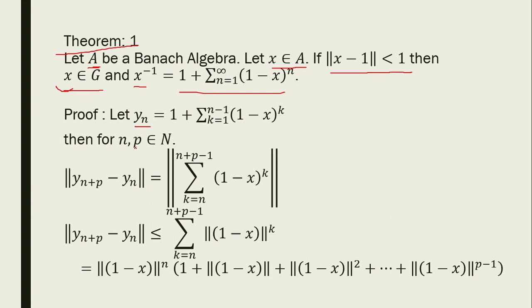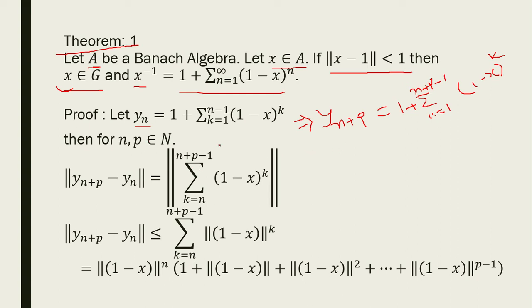Then for n and p belonging to N, Y n plus p is equal to 1 plus the summation k equal to 1 to n plus p minus 1 of (1 minus X) raised to k, and Y n is equal to this.